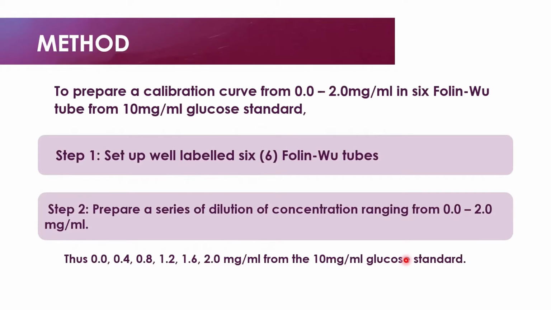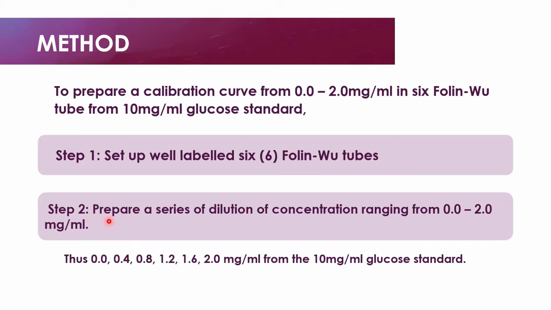So let's start by looking at the methods involved in preparing a calibration curve. For example, to prepare a calibration curve from 0.0 to 2.0 milligrams per ml in 6 Folin-Wu tubes from our standard, which is the 10 milligrams per ml glucose standard. The first thing to do is to set up and label 6 Folin-Wu tubes.